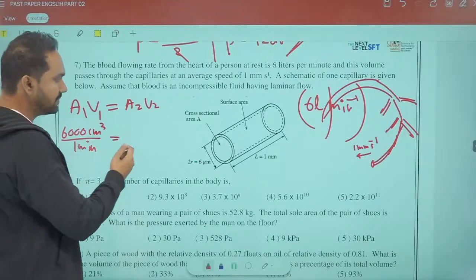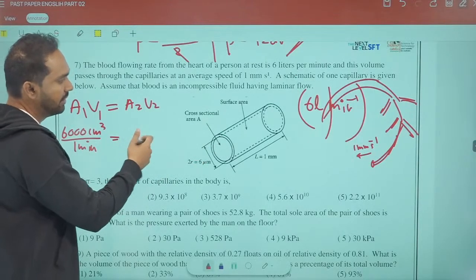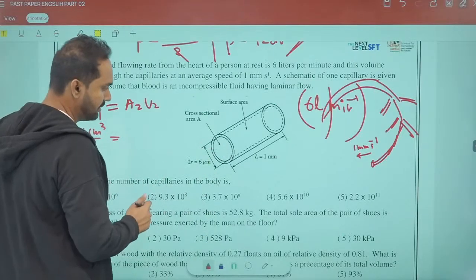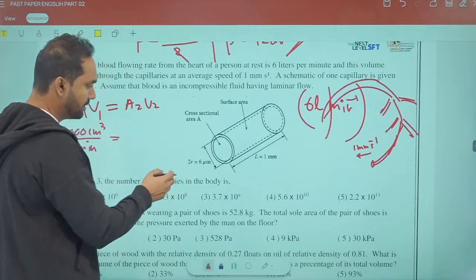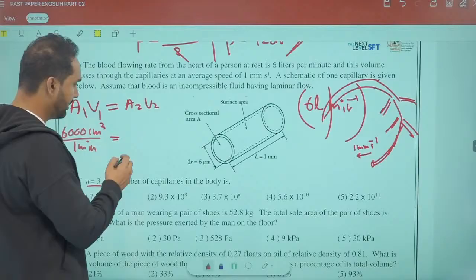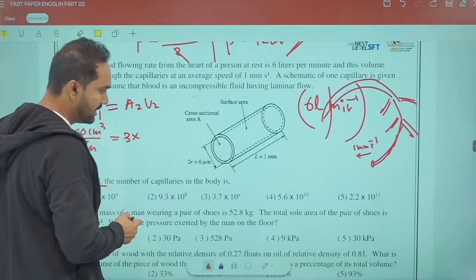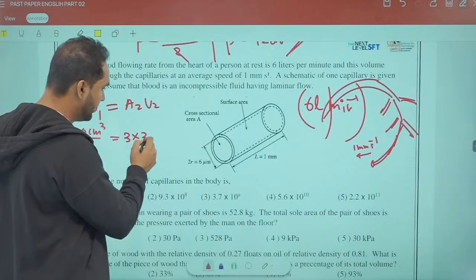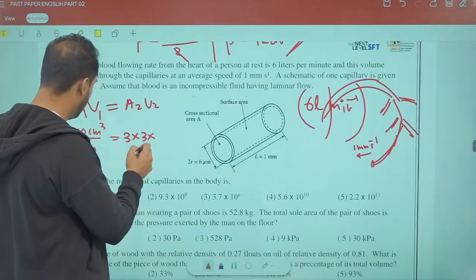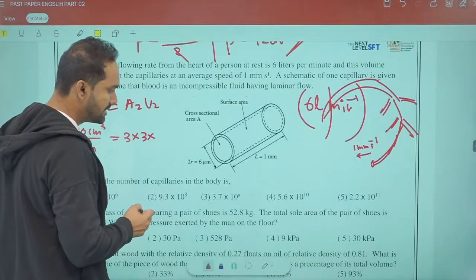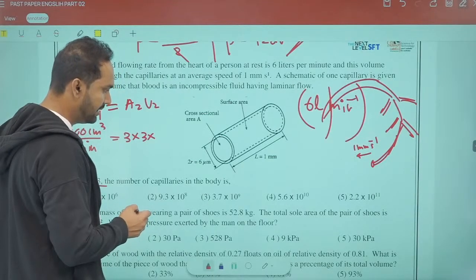In a minute. So for the area of the capillary, which should be πr square, you can take π as 3. The radius is 3 micrometers, which is 3 into 10 to the power minus 6, that is in meters.